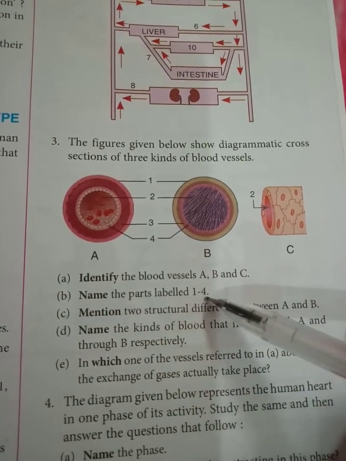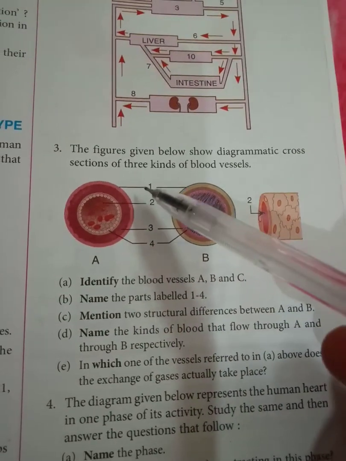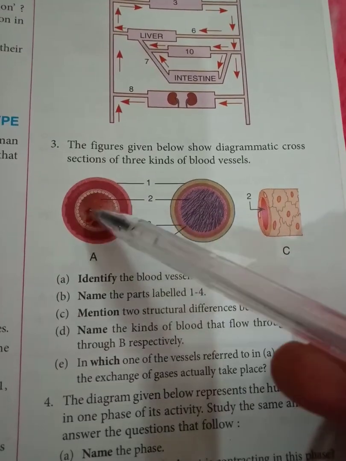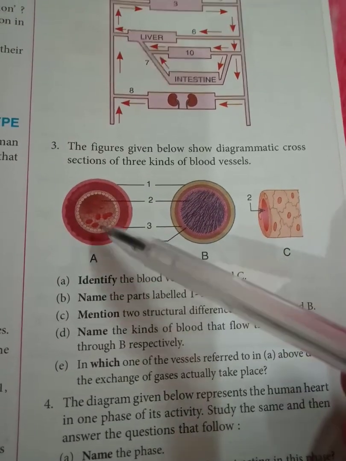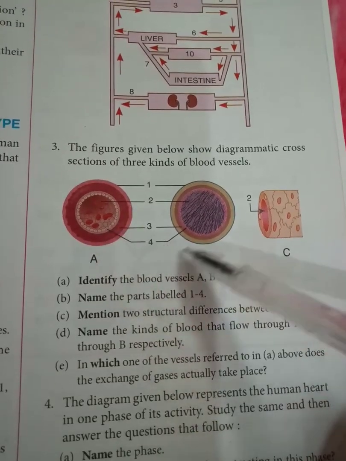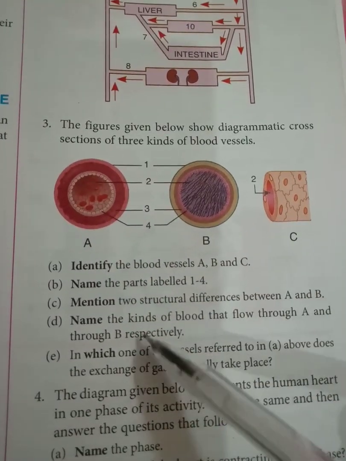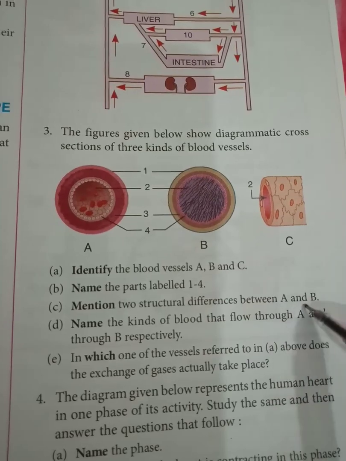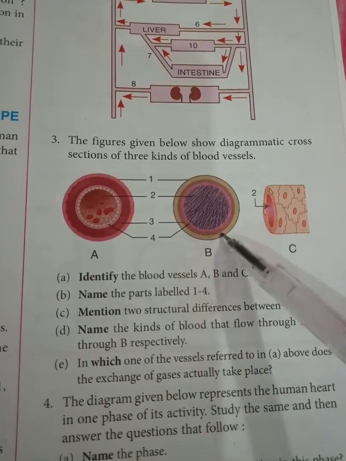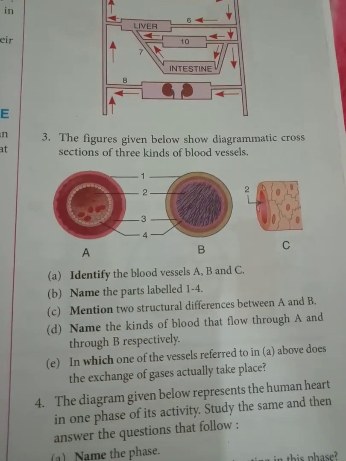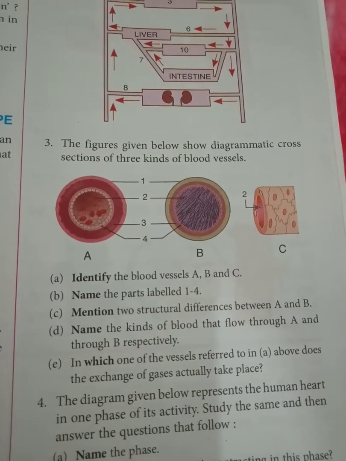Then name the parts labeled 1 to 4: tunica externa, lumen, tunica media or muscular layer, and tunica interna or endothelial layer. Then mention 2 structural differences between A and B. For artery and vein, you can tell about their walls or about lumen. That will be a structural difference only.